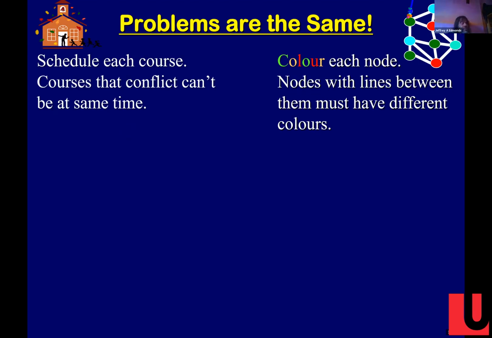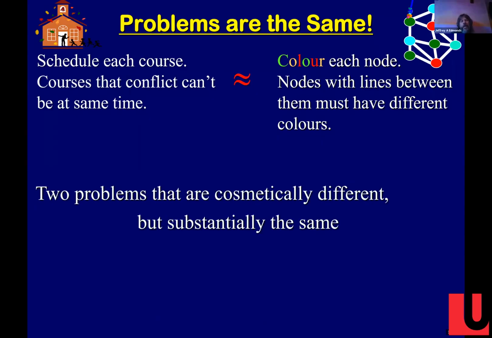And it's good to be able to say to your boss, hey, the problem that you want me to solve is NP complete, because then that lowers the expectations of what your boss is going to ask you to do. He's not going to suddenly ask you to come up with an algorithm that always gives you the optimal solution, because he knows there's likely not an algorithm that can do that. All right?